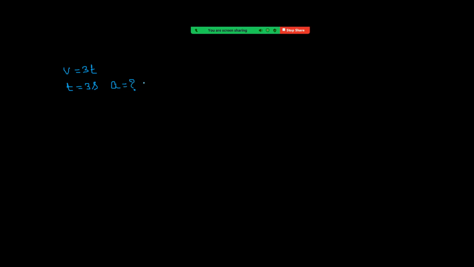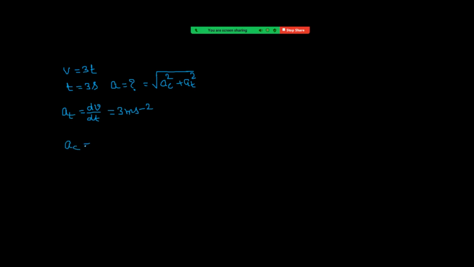We want the modulus value, which is the square root of a_c square plus a_t square. Let us see how to find a_t. a_t is, by definition, the rate of change of speed with respect to time. Here v stands for speed, so a_t is equal to 3. So it is a constant. Next, coming to a_c.